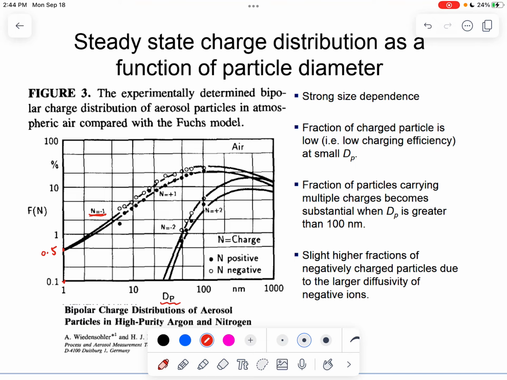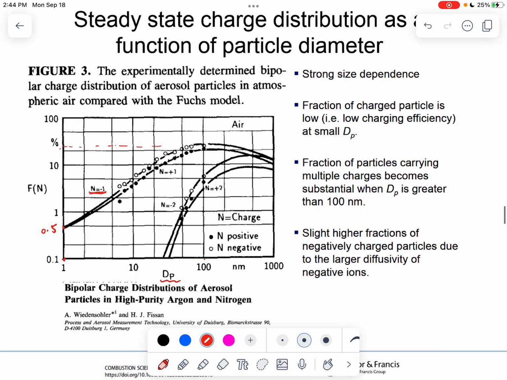So for a 1 nanometer particle, there's only a 0.5% probability that particles carry +1 or -1 charge. And for particles of larger sizes, for 100 nanometer particles, it has a charging efficiency of more than 20%.